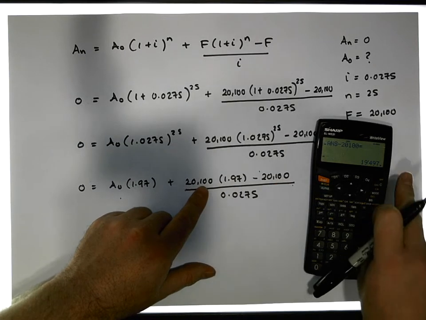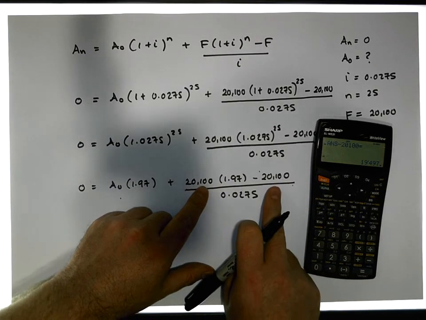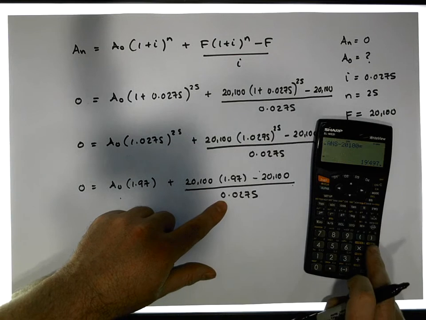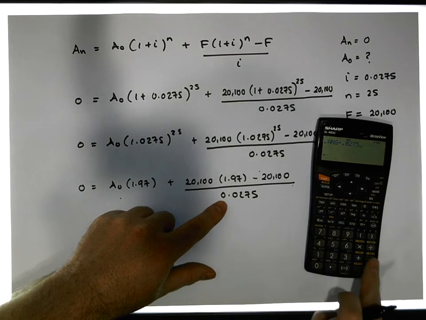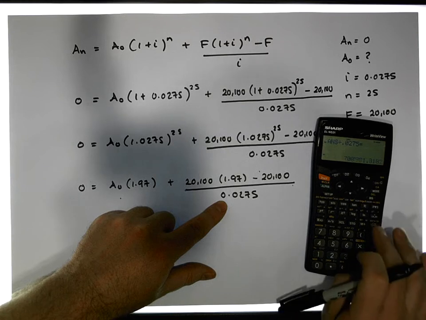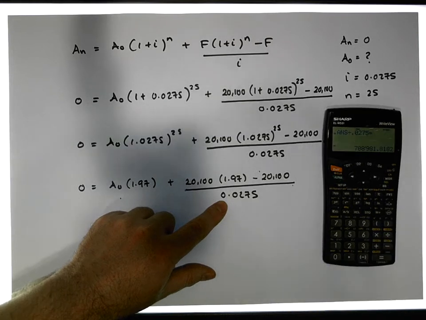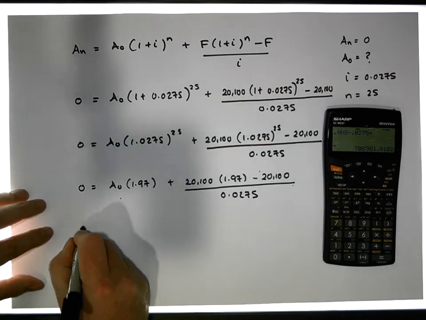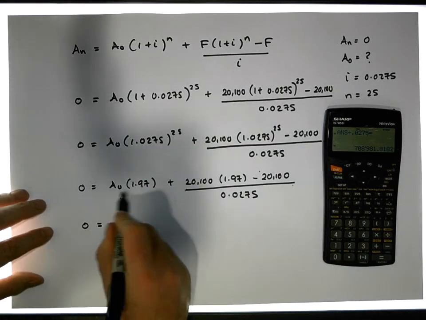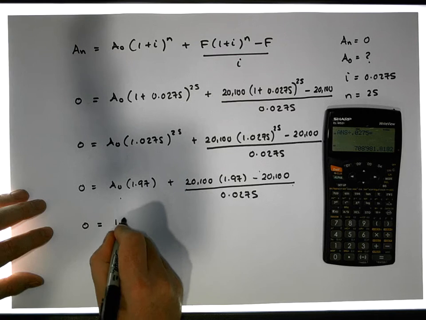It's fully calculated to be 19,497, and that needs to be divided by 0.0275, which gives us a value of 708,981.82. So we end up with 0 is equal to, well, a0 times 1.97 is the same as 1.97 a0.